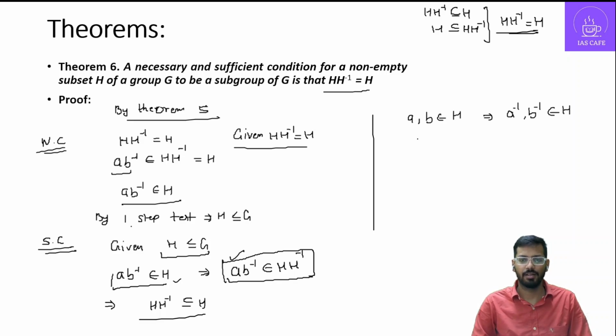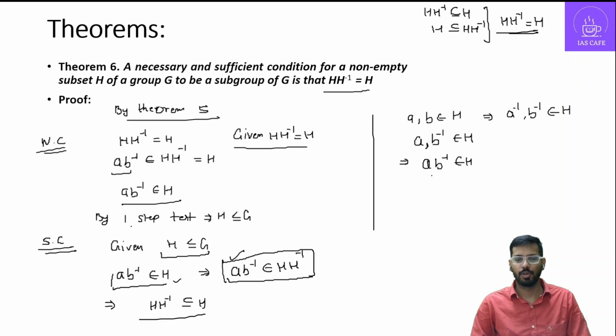That means if we take two elements A and B inverse belonging to H, then by closure property, A B inverse belongs to H. By closure property we can say this, but by the definition of H inverse, A B belongs to H inverse.